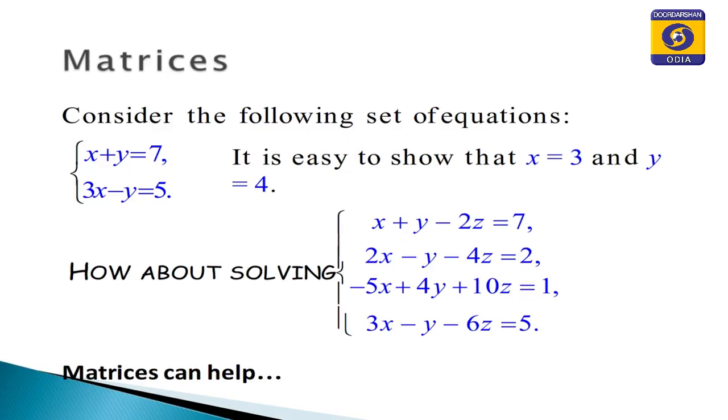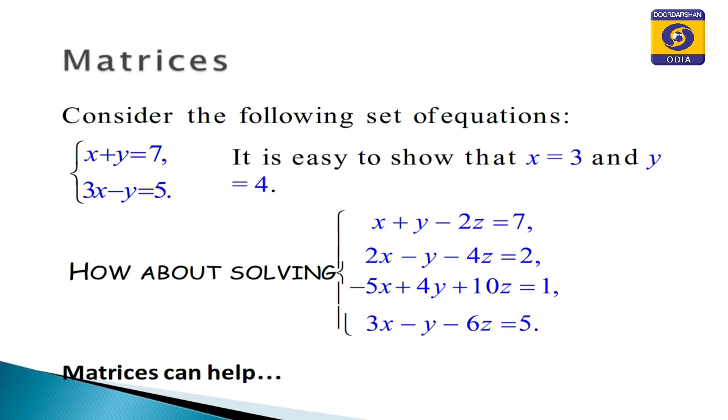Consider the following set of equations. Suppose x plus y is equal to 7 and 3x minus y is equal to 5. This equation can be solved by the elimination method or any other method. We can easily find that x becomes 3 and y becomes 4.